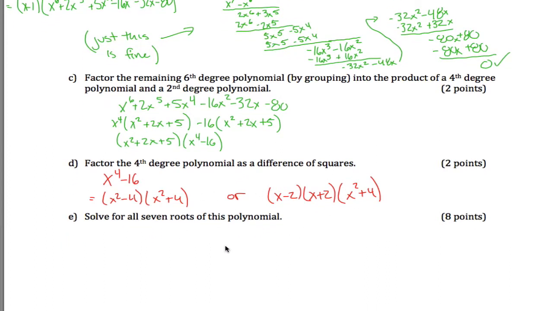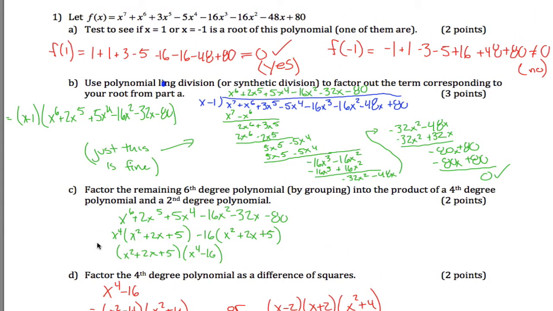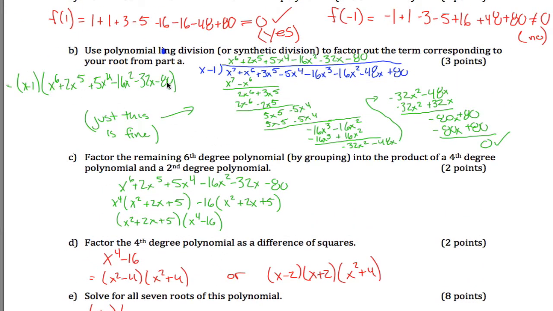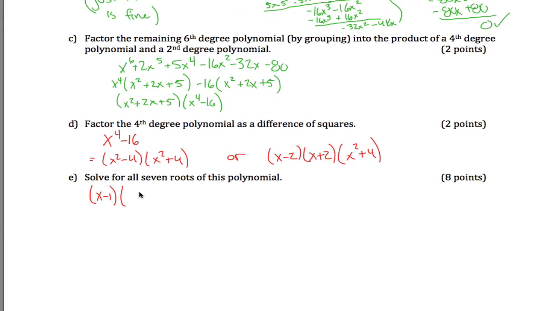Solve for all 7 roots of the polynomial. All right, so now you kind of want to go back and figure out what we found. We got an x minus 1 was one of the factors. And then we had that times this whole thing. But this whole thing we figured out was x squared plus 2x plus 5 times this guy.